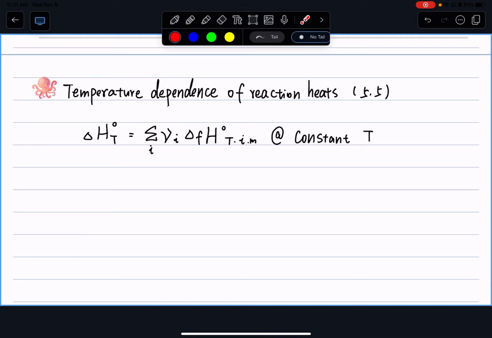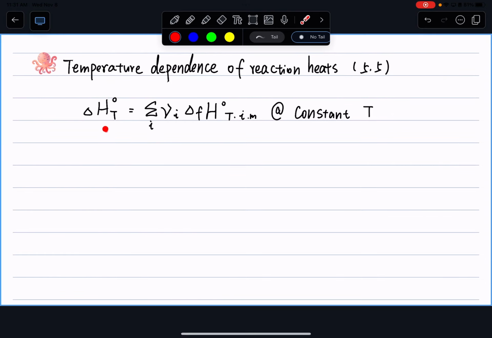So the way to do it is remember what we have, the delta H of the reaction equals the summation of all the coefficients times the standard molar enthalpy of each of your reactant or product involved in the reaction. Or the other way to put it is what we have is delta H naught as some function of T. If we take the derivative with respect to T on both ends of the equation, we have d delta H naught over dT equals to the summation here.